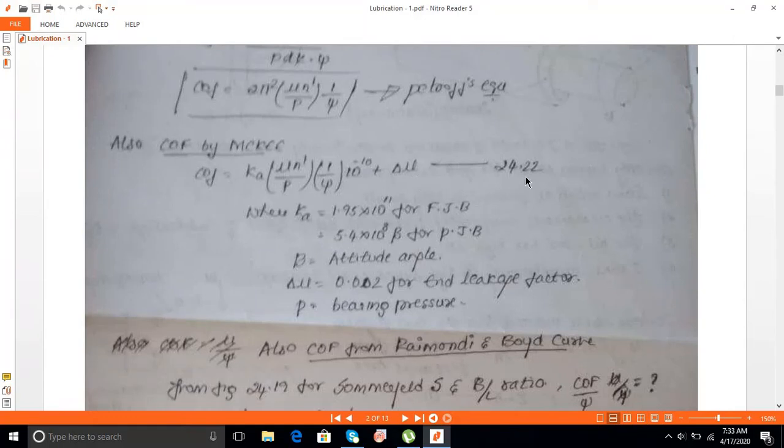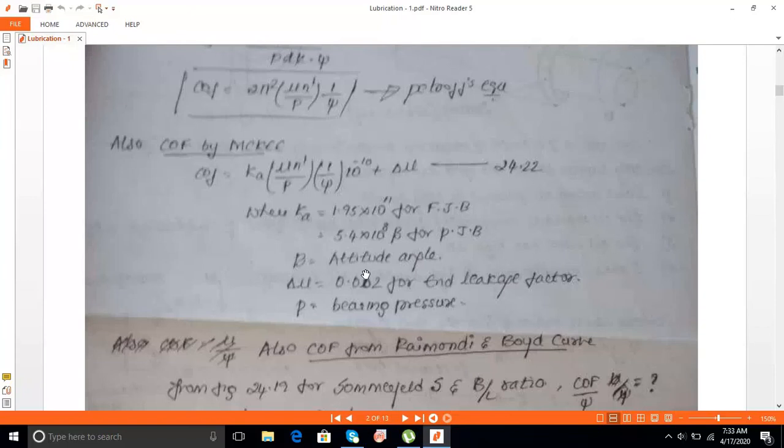You can find it in the handbook, Lingaiah volume 2, equation number 24.22, where Ka is a constant for a full journal bearing, and for a partial journal bearing it is 5.4. These values are given in the handbook.